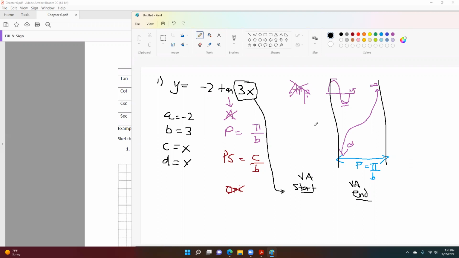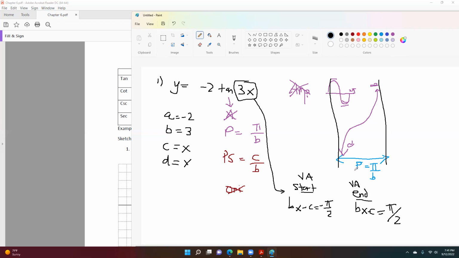So how do we find them? For the starting point, you take bx minus c equals -pi over 2. And for the ending point, you take bx minus c equals pi over 2.